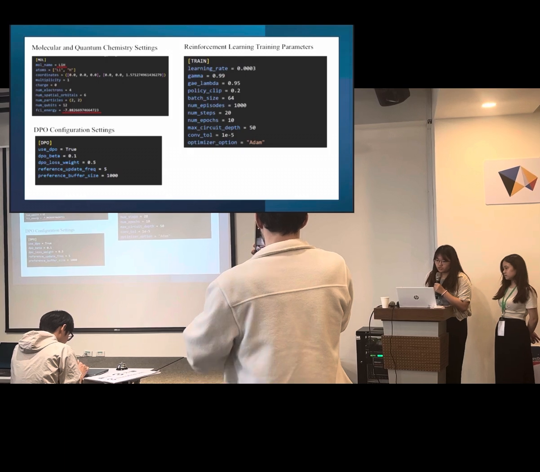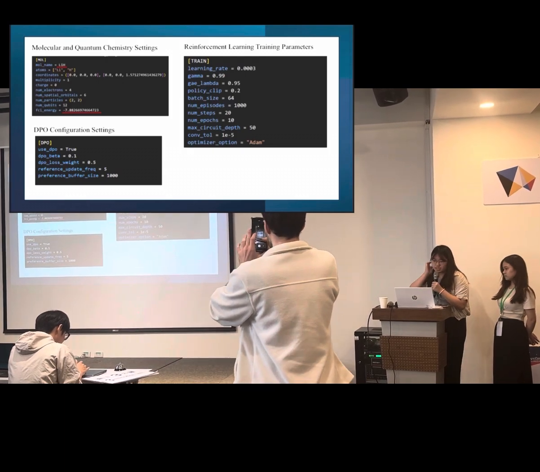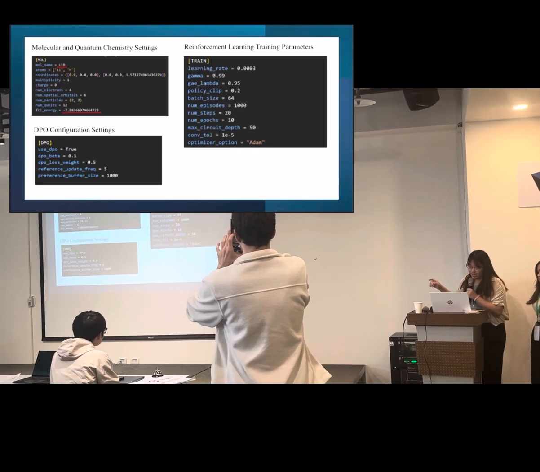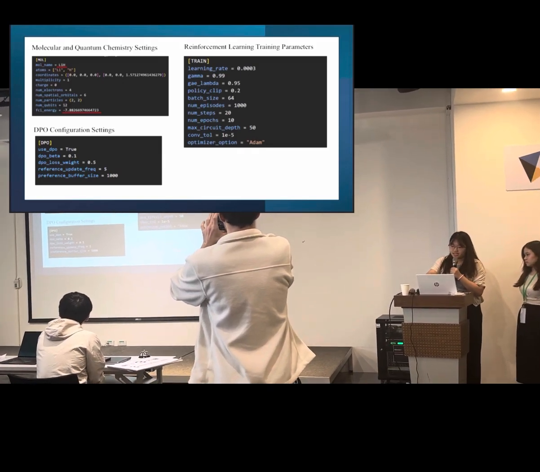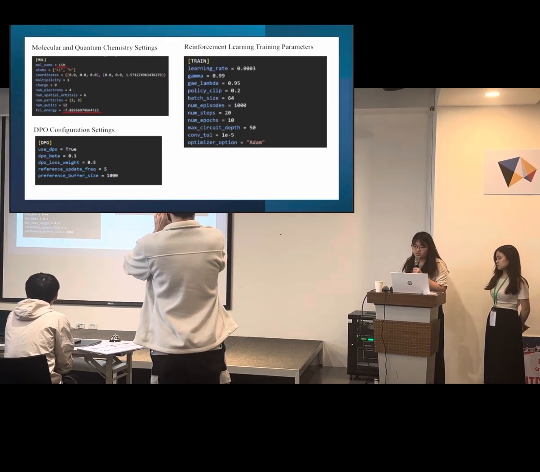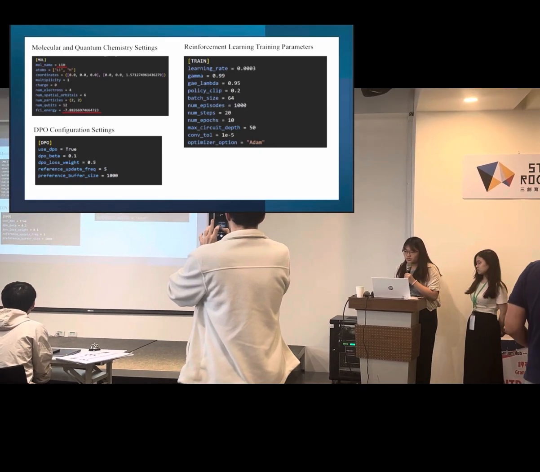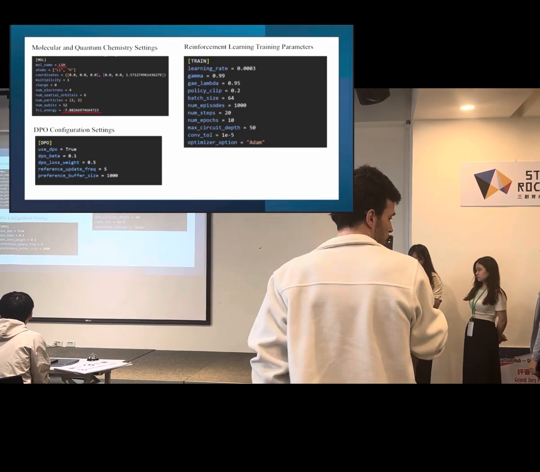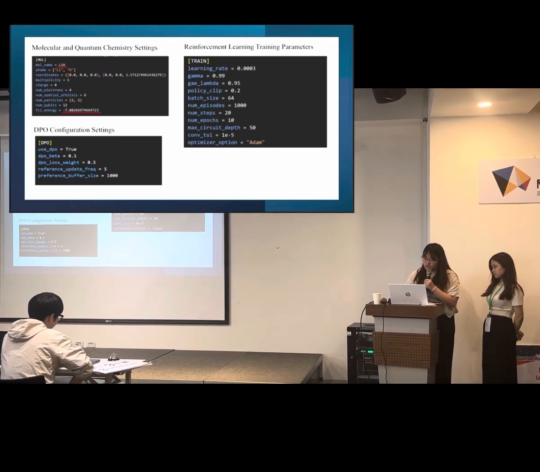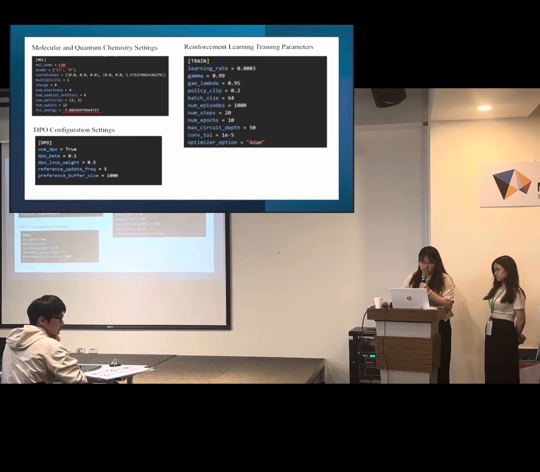In our experiment setup, the molecule we use is lithium hydride. The right side of the slide is the reinforcement learning training parameters, and the bottom of the slide is the PPO setting of our experiment.